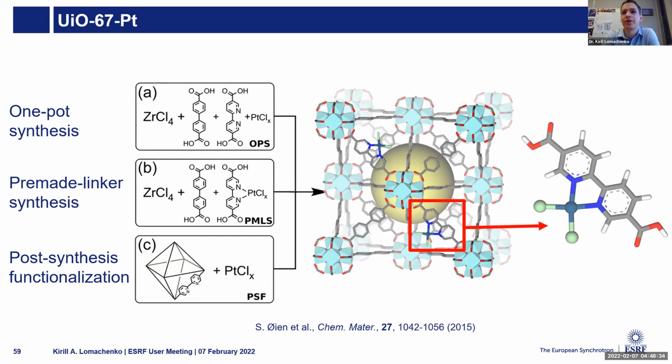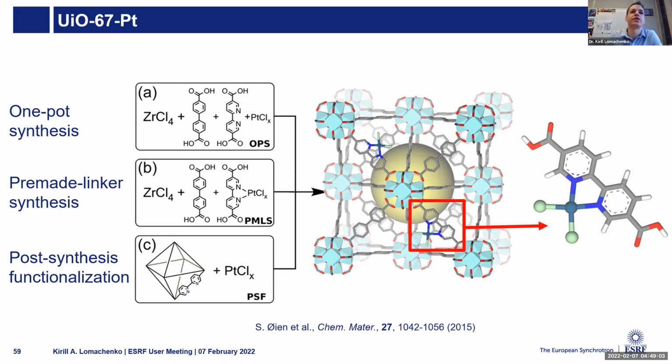So UiO-67 contains biphenyl linkers, some of which can be exchanged with bipyridine, and bipyridine can be functionalized by something. So these two nitrogens can host metal, and this metal can be used as an active site for chemical reactions, for catalytic reactions.